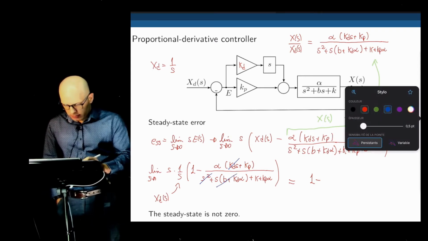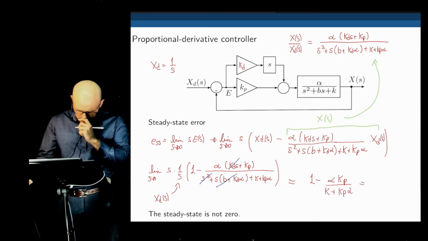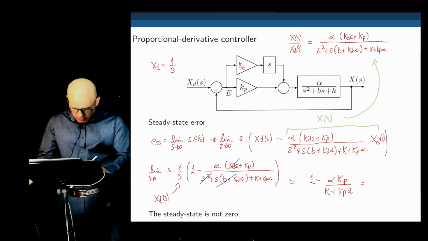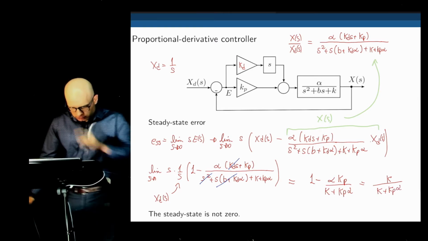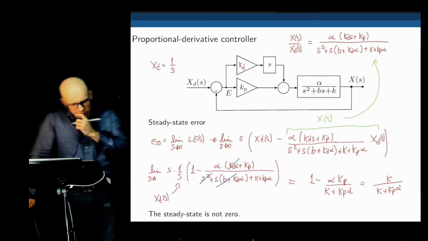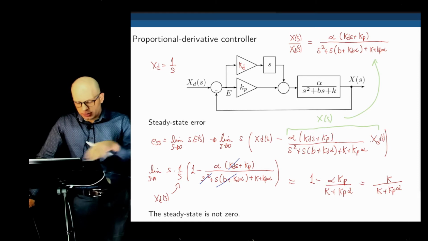We have 1 minus alpha Kp divided by K plus Kp alpha, which is the same as K over K plus Kp alpha. Sorry. Yeah. I just find the common denominator, and that simplifies.